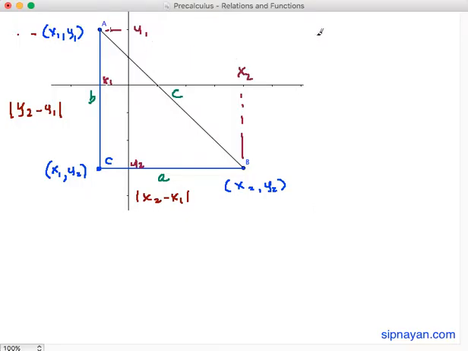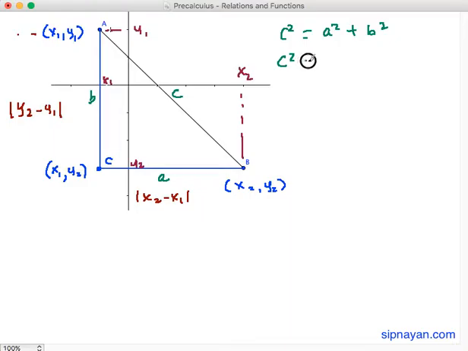So c squared is equal to a squared plus b squared. That is the Pythagorean theorem. This is the hypotenuse and these are the two shorter sides.